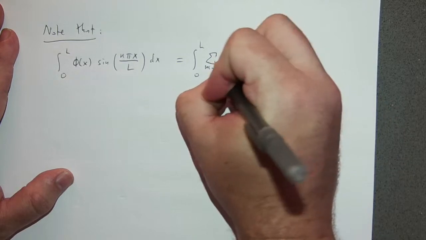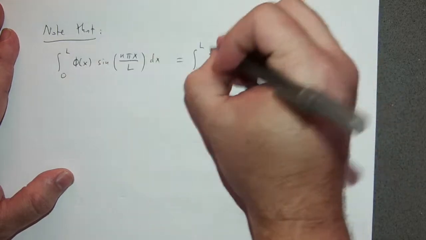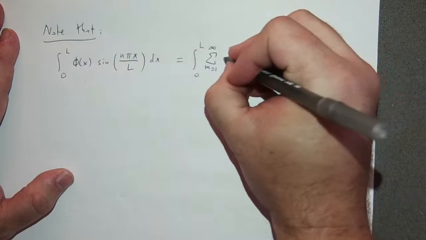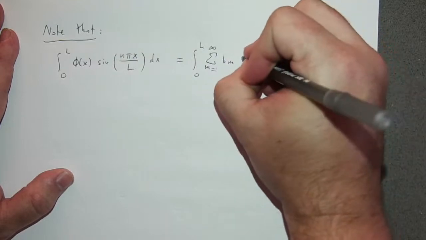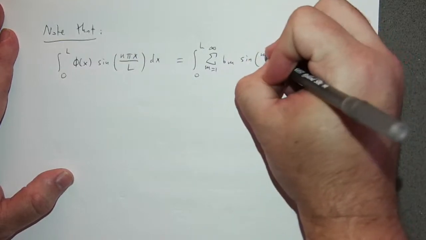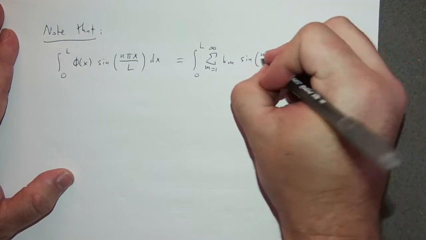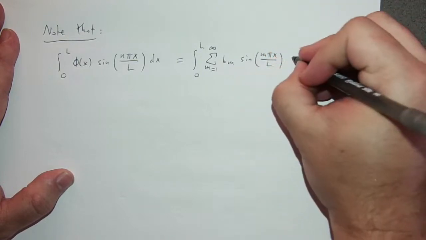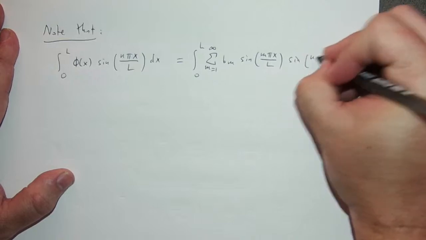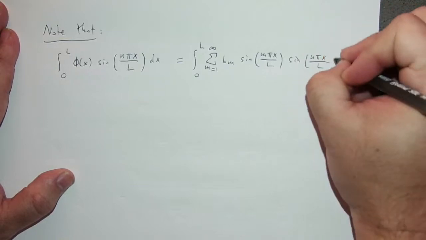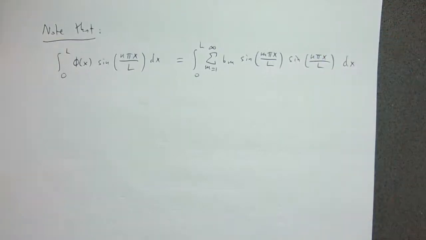So this is a sum from m equals 1 to infinity of b sub m sine of m pi x over L sine n pi x over L dx, right?